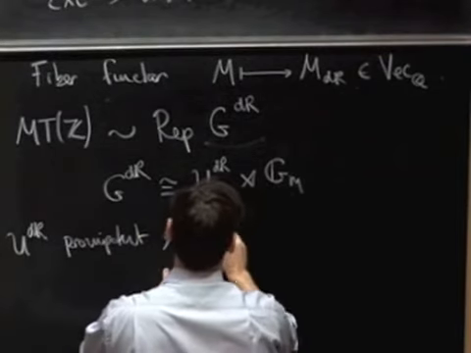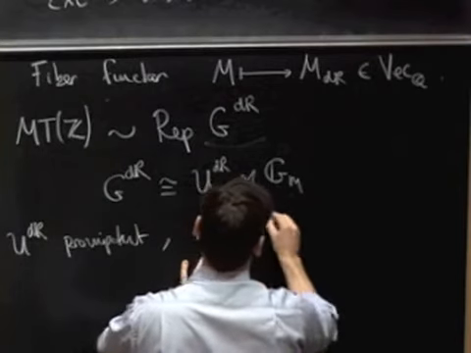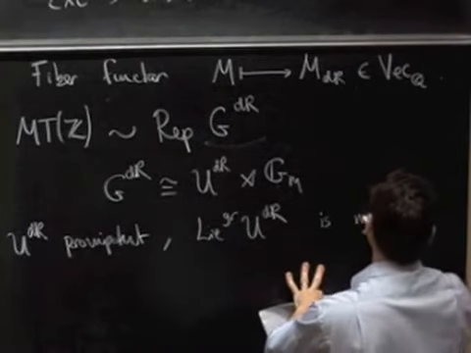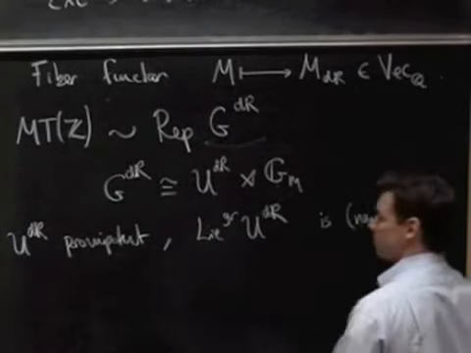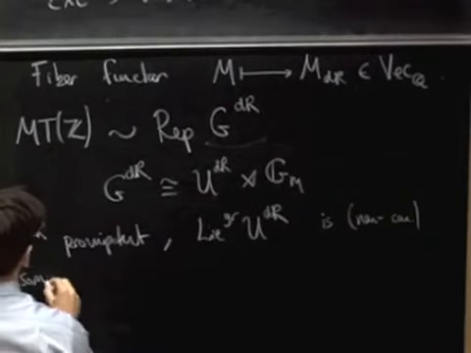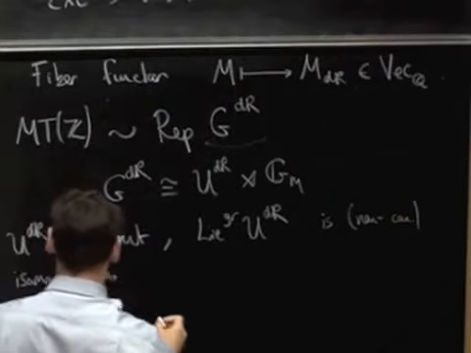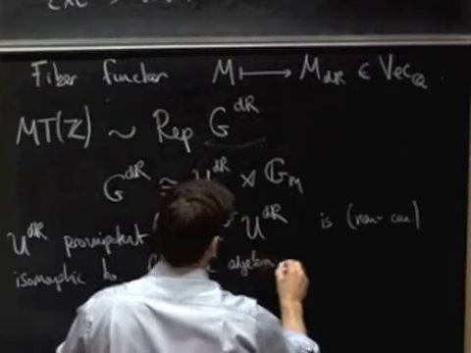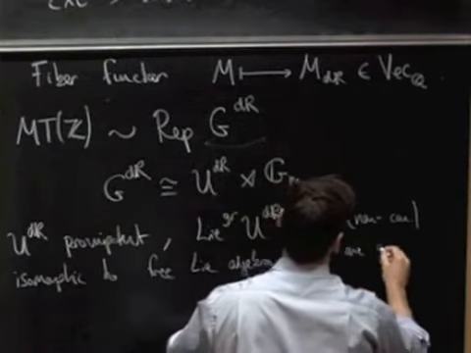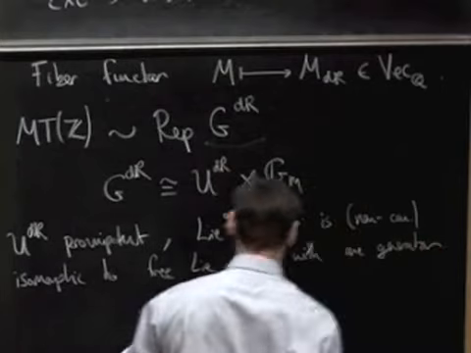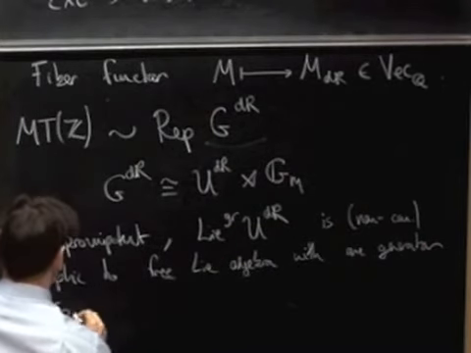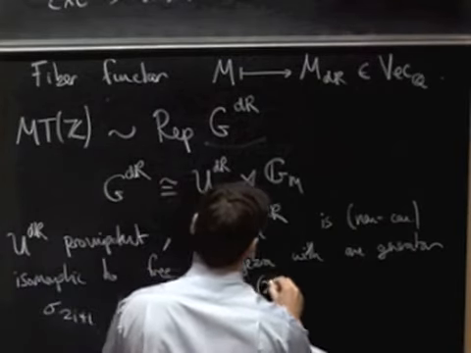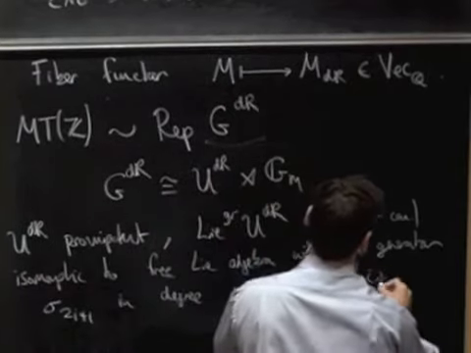The action of G_m on its Lie algebra gives it a grading. And we know from the above that this is, non-canonically, isomorphic to a free Lie algebra with exactly one generator, sigma_{2i+1}, in degree -(2i+1) for all i greater than or equal to 1.